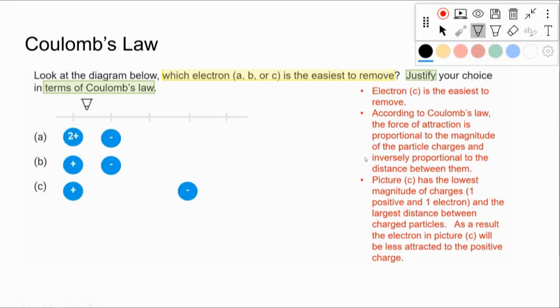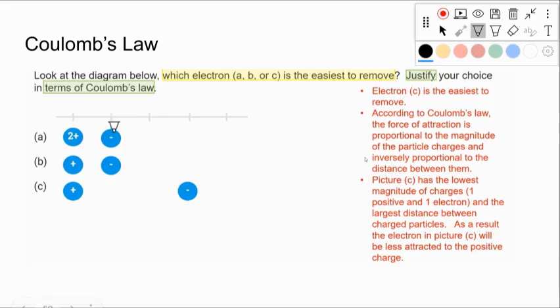Or if I was talking about just within an atom, then this could be like helium, because helium has a positive 2, but helium with only 1 electron. So it really can be used to describe either situation. AP is just saying which one of these is going to be the easiest to remove because we don't know exactly what's happening in this example.